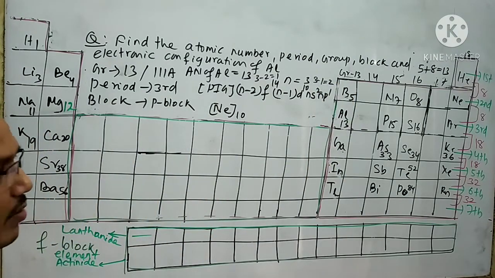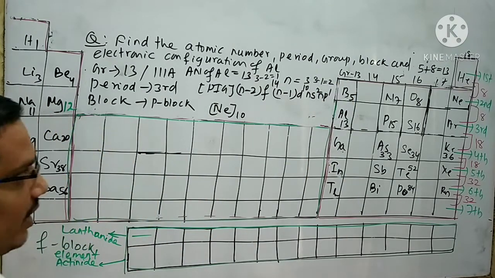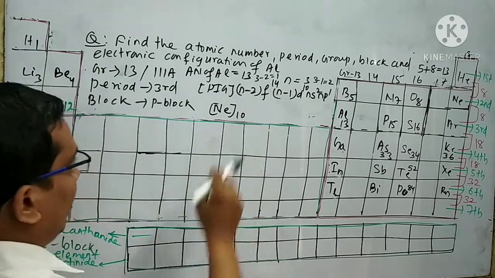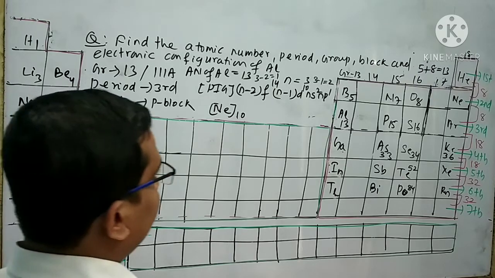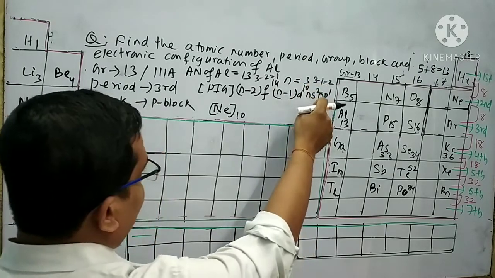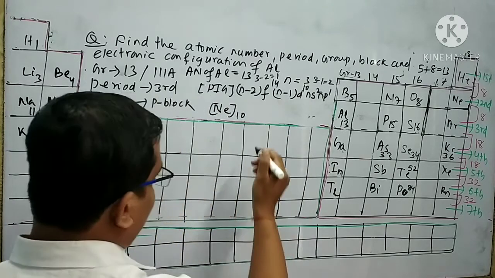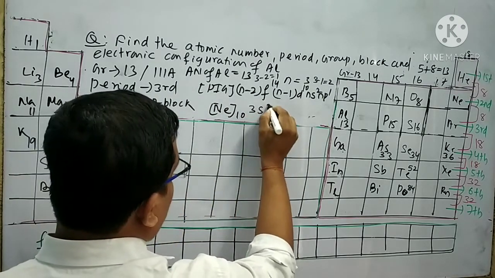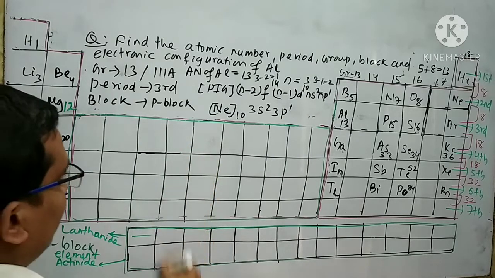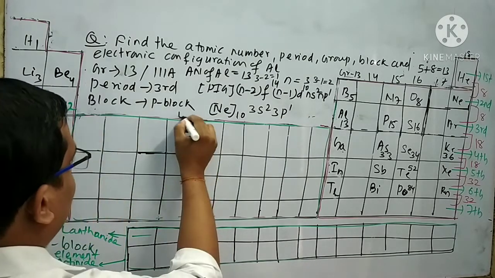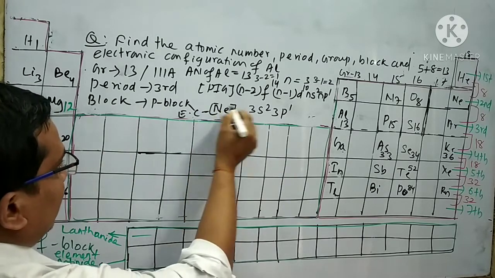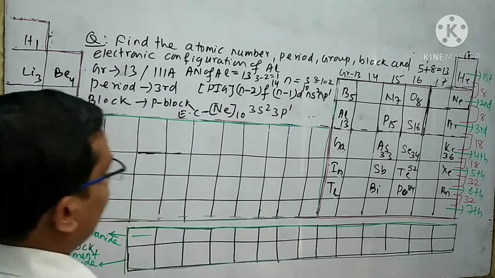That means I want to think about 2d10. 2d orbital is not possible. So here I cannot write 2d10. Now put the value of n equal to 3 here and here. So I can write 3s2 3p1. Finally, the electronic configuration of aluminium is neon 10 3s2 3p1.